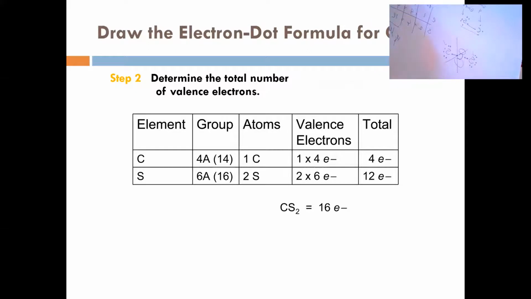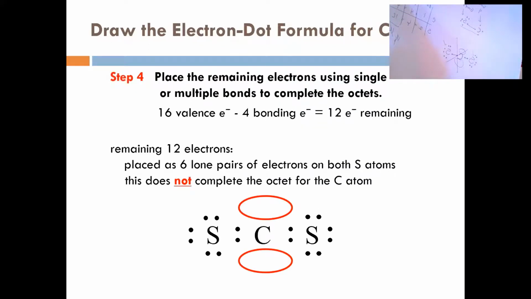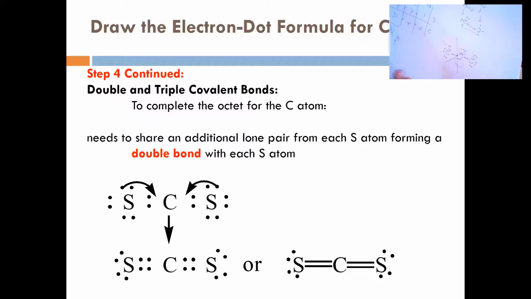So we're just going to show you that it just doesn't work because we're not complete. Carbon is missing something, so we have to form a double bond and share. So what ends up happening is we can donate a pair from here, and we can donate a pair from here to share to make them happy. And it looks like a football field here.